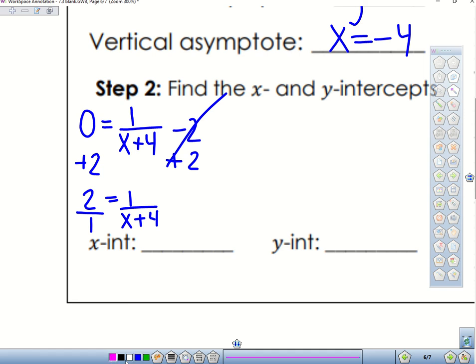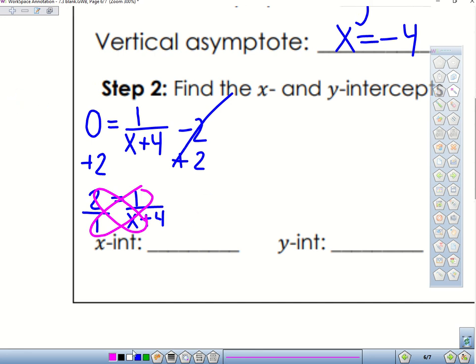And then how could I solve this mathematically? Anyone remember? Keep, change, flip. You could do keep, change, flip, or we can cross multiply. Oh, that's right. So that's going to be 2 times x plus 4 is equal to 1. Distribute.